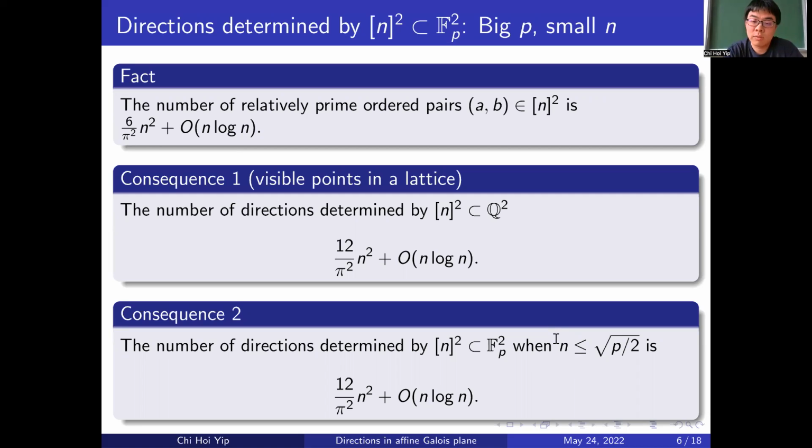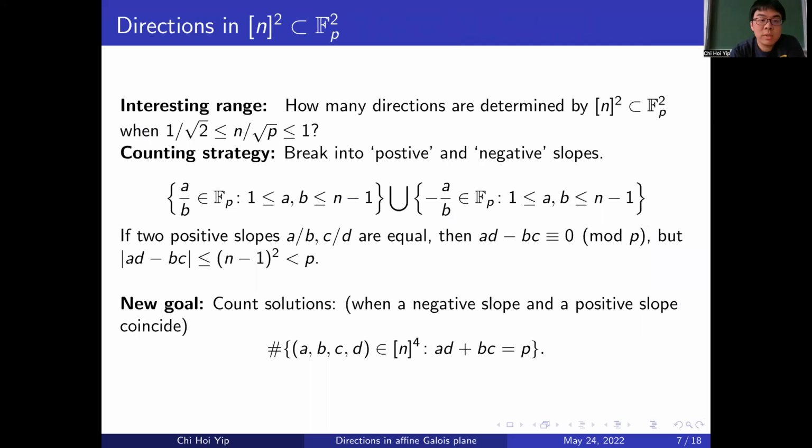In that case, we can just pretend that we are living in Q², so the same formula applies. If we do the computation, we see that if n is at most square root p over 2, then we have the same formula. So the interesting range for our problem is the case where n divided by square root p is between 1/√2 and 1.